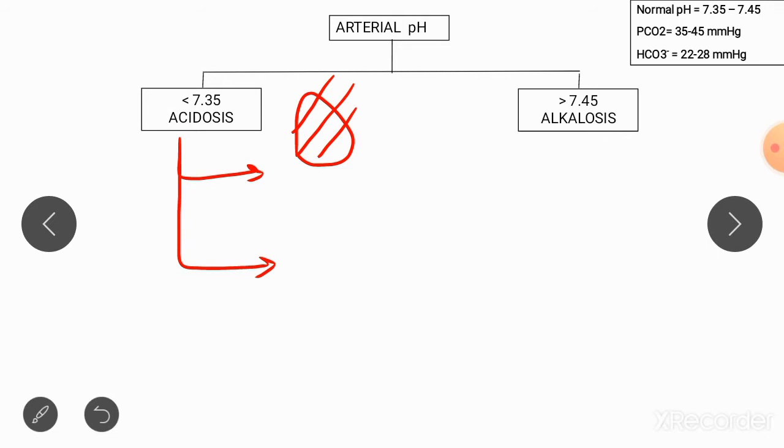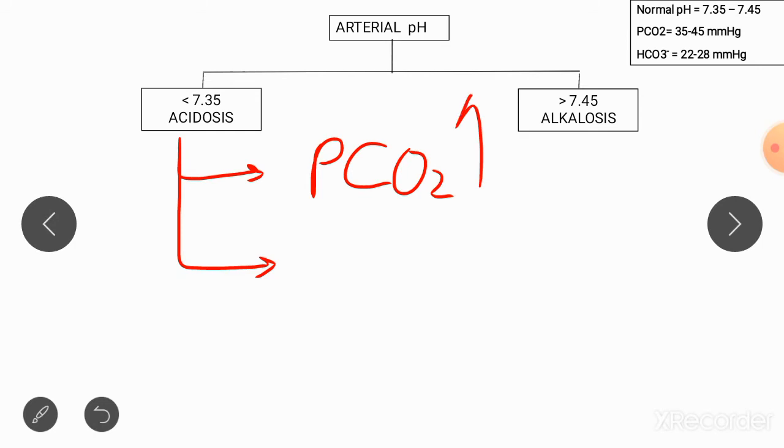When the carbon dioxide is retained within your blood, the partial pressure of carbon dioxide will increase, and then it is going to convert into carbonic acid and dissociate into hydrogen ions, reducing your pH. So first, if your partial pressure of carbon dioxide is increased, you will immediately understand that this person is suffering from respiratory acidosis.